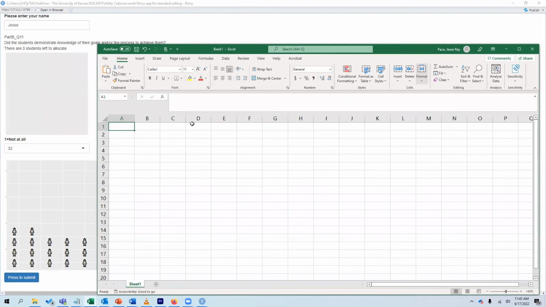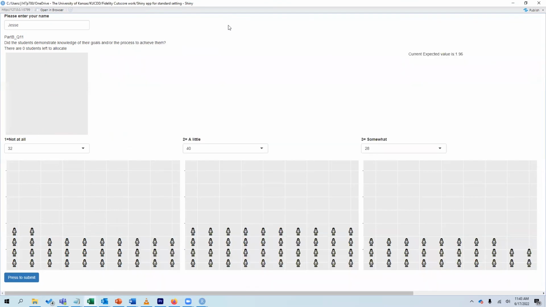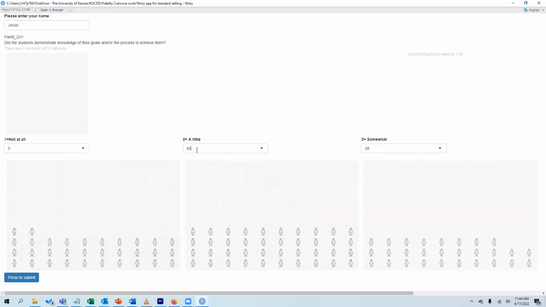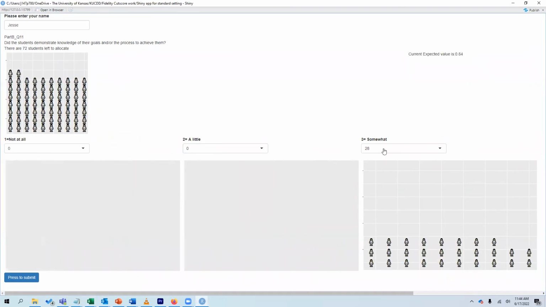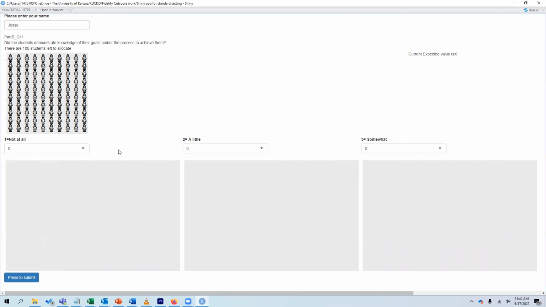And let's say that you then went on to the next item. Let's suppose that this is a 3-item domain, the adherence domain. I don't know why I don't have it written here, but let's say that it's the adherence domain. On the next item, let's set these back to 0.